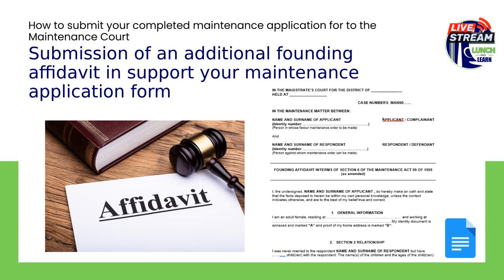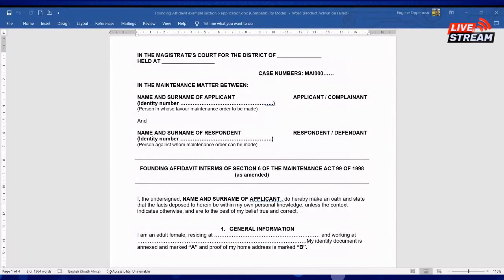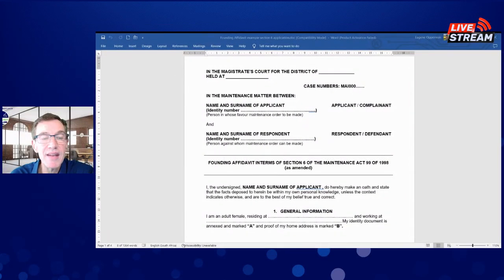Remember, if you submit an affidavit, that means you are stating something under oath, and that might not be to your advantage. So if you are not sure of your facts, I would suggest that you do not submit an affidavit, because you could be held in contempt of court for perjury. You could be charged for perjury, and you don't want to go through that route.